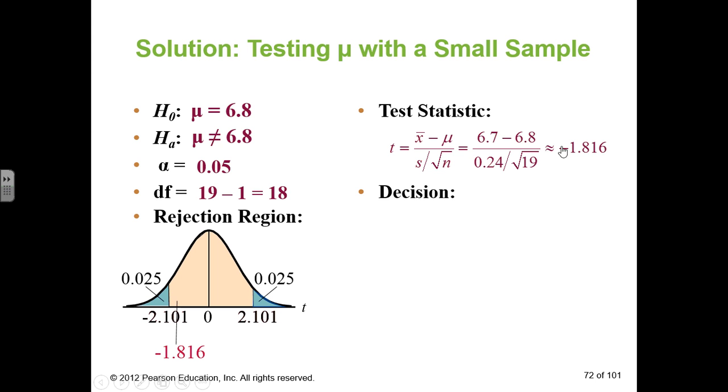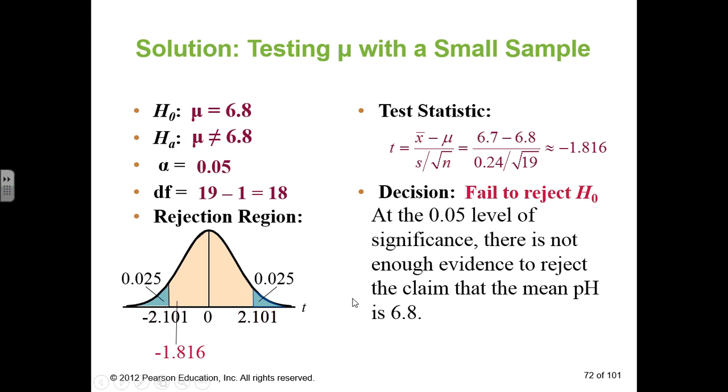We then find our test statistic doing sample mean minus claimed value divided by standard deviation, and that's divided by the square root of the sample size. We get negative 1.816, which is not in either of the rejection regions. So our decision is to fail to reject the null hypothesis. So our conclusion is at the 5% significance level, there is not enough evidence to reject the claim that the mean is 6.8.